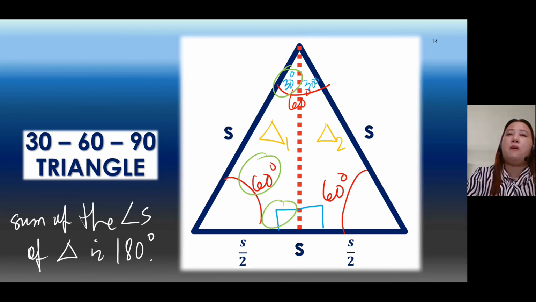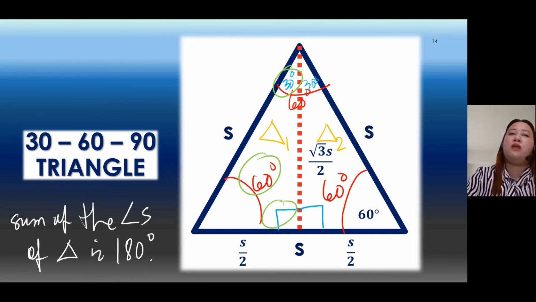And applying the Pythagorean theorem, the red broken line here is actually one of the legs of the right triangle, and it should also be labeled. It is square root of 3s over 2. That is by Pythagorean theorem.